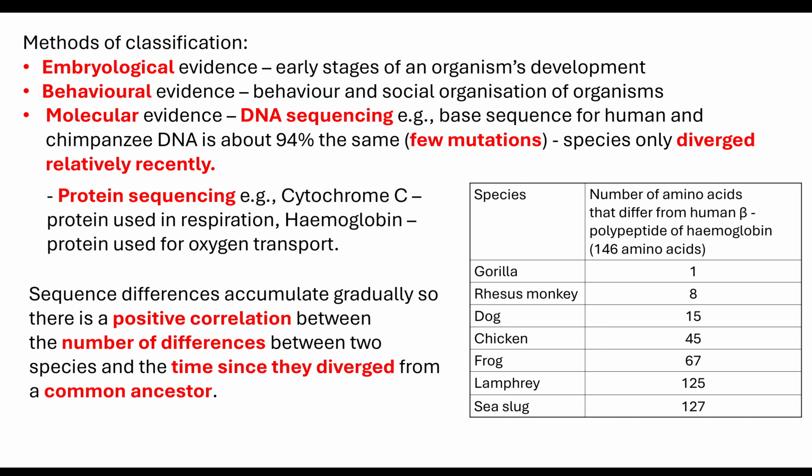The fact that all of these species have a polypeptide of hemoglobin, and those differences, mean that they have diverged from a common ancestor. So the sea slug diverged a lot longer ago than the gorilla did.